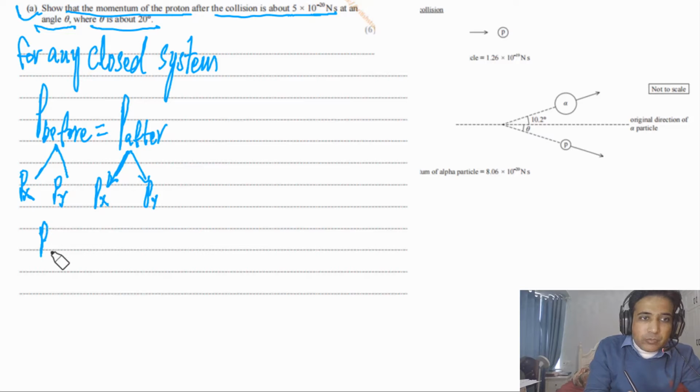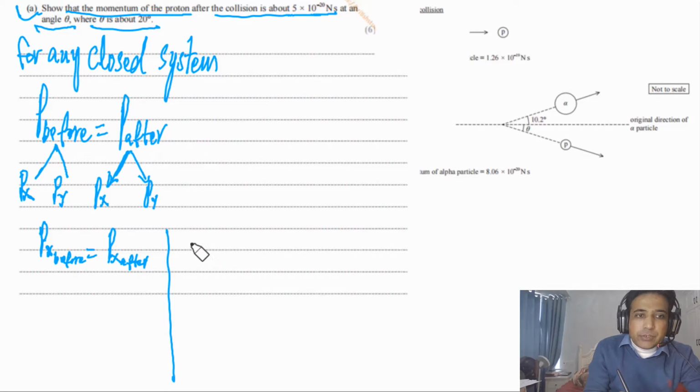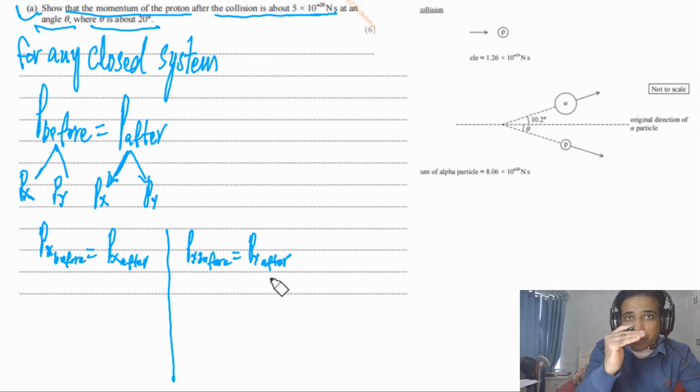Momentum along x-axis before collision has to be equal to momentum along x-axis after collision, and momentum along y-axis before collision has to be equal to momentum along y-axis after collision. So this is how we can break down.